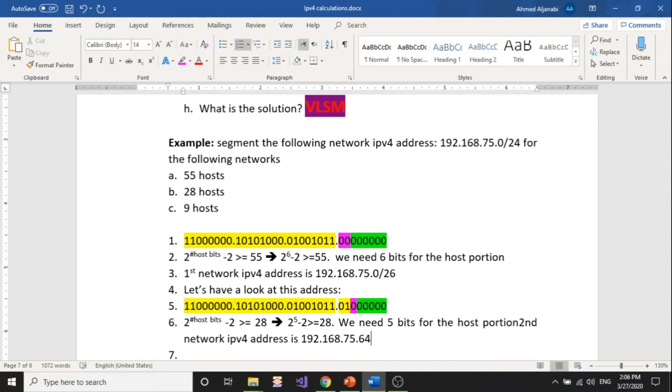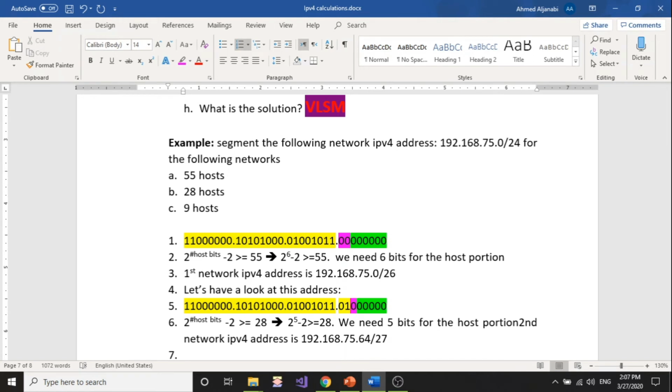Now, remember this. Since this is 64, what will be the prefix for this case? Now remember, previously it was 26 when I added those zeros and 1 here to the 24. Now I'm adding another 1 to them. So what was 26 before is basically going to be 27 this time.